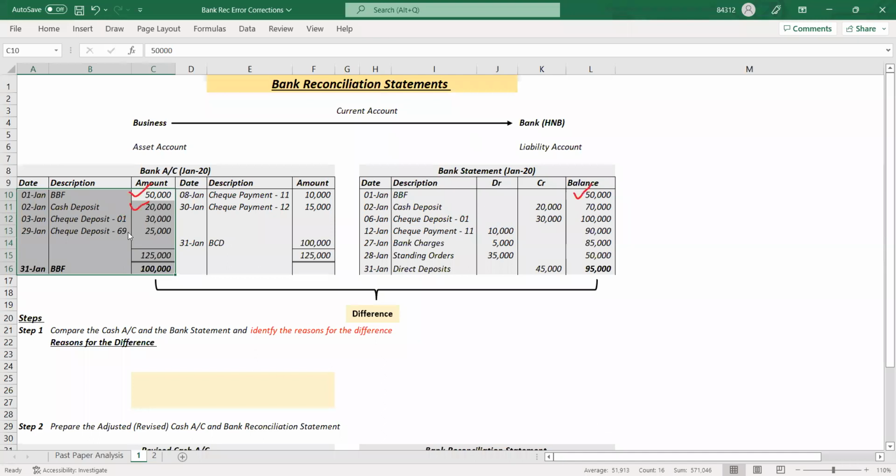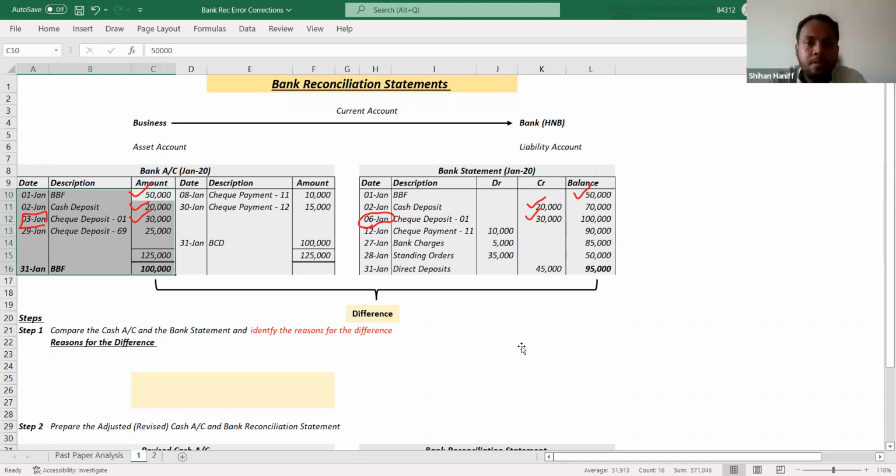Next, check deposit 69. Is it there in the bank statement? No. So this is only recorded in the bank account. This is called deposited but not realized in the bank.